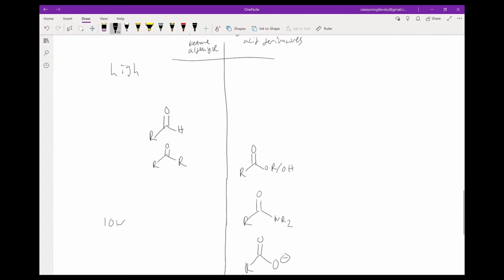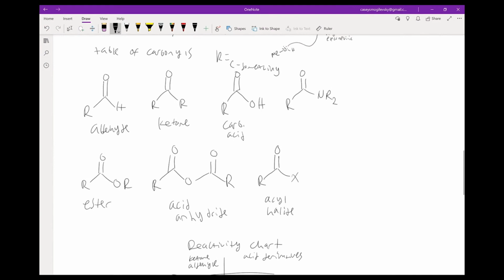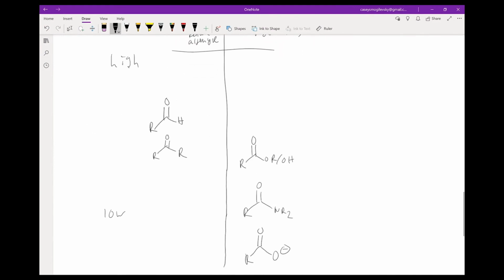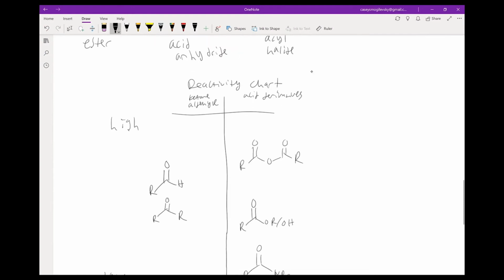And then you have your acid anhydride. And finally, you have your acid chloride, or acid halide. The halide can be iodide, chloride, bromide. It's usually chloride.